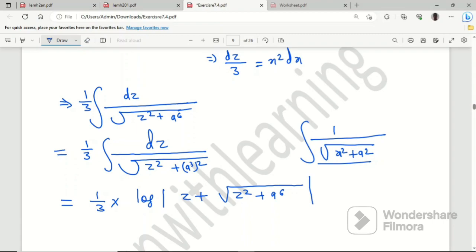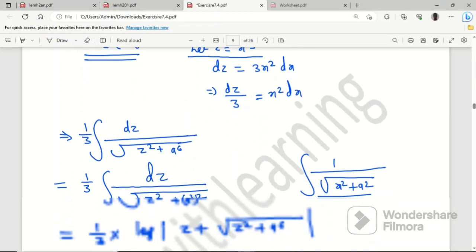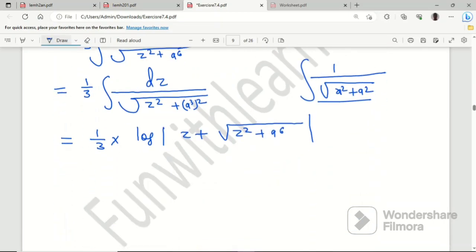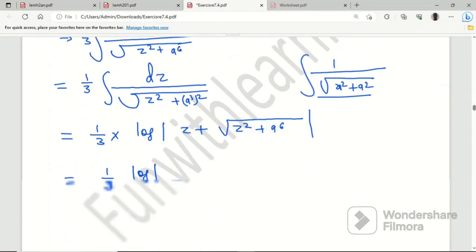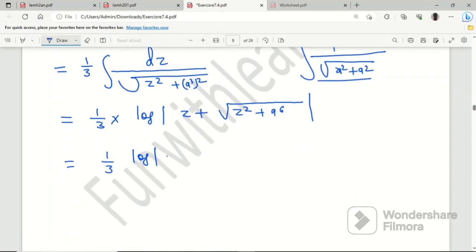So it should be our answer, but I need to replace z with x also. z equal to x cube is there, so our answer will be 1 by 3 log of x cube plus under root x to the power 6 plus a to the power 6 as our answer.